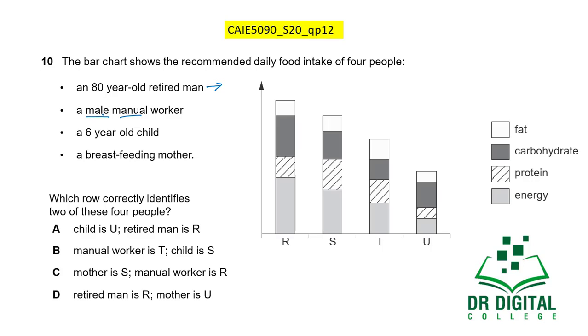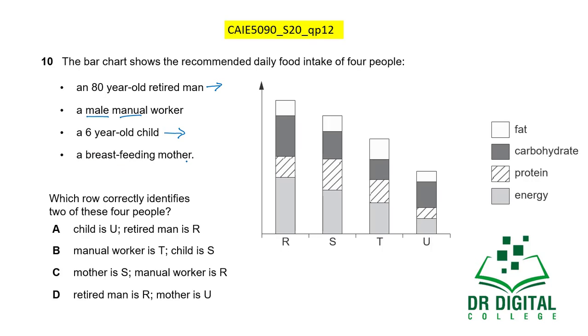So he must be using a lot of energy because males have more muscles and he is doing work manually. And a 6-year-old child, although he or she will be very active, his or her age is very low, so body mass is small, so the energy need for this child will for sure be less than a male manual worker.